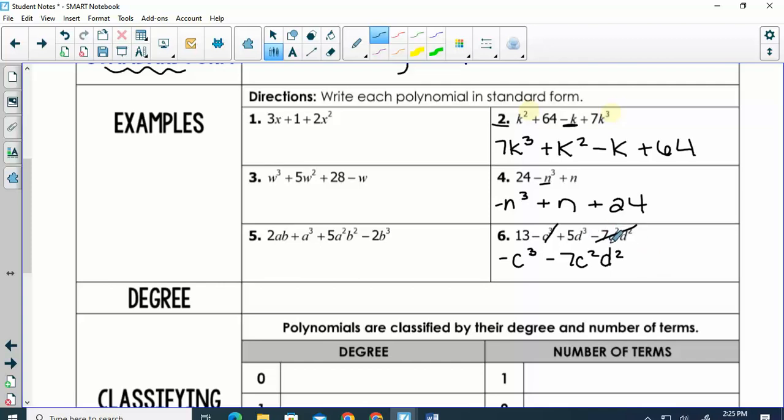Then I've used all my C's, so now I would do my D. And then all that's left is the plus 13. What happens to the D with the second? It stayed right here. It was all one piece because it was multiplied with that one. So we kept them together.